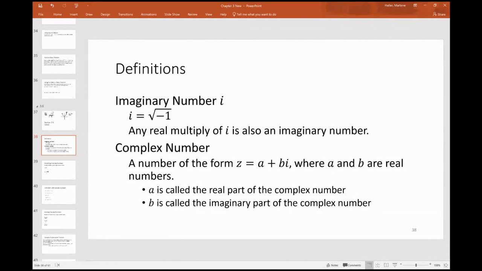A complex number is a number that consists of a real component and an imaginary component. A complex number takes the form a plus bi. A and b would both be real numbers. I, of course, is the imaginary number, which is defined as the square root of -1, right?